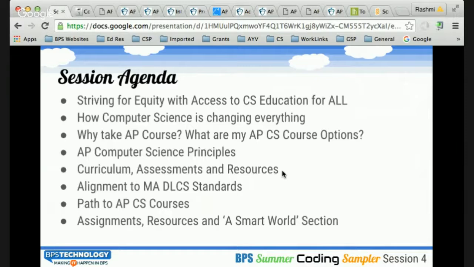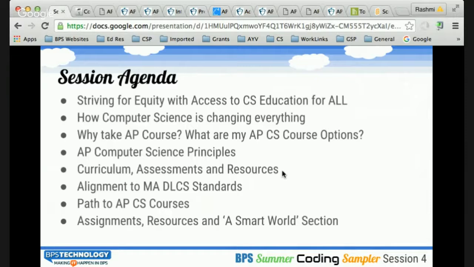AP CS Principles, which is called AP CSP, is launched this fall. So it's coming up, and a lot of our schools are implementing it this fall. So we'll talk a lot about this course because it's brand new and it is really culturally relevant curriculum that can be implemented for broadening participation in computer science. We'll talk about some curriculum, assessment, and resources aligned with both AP CS Principles and AP CSA, which are the two courses.